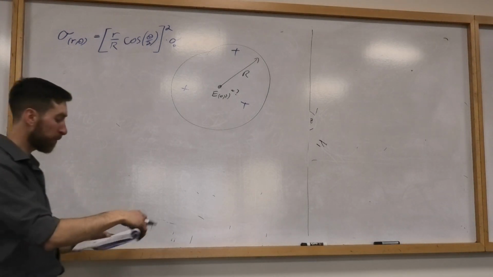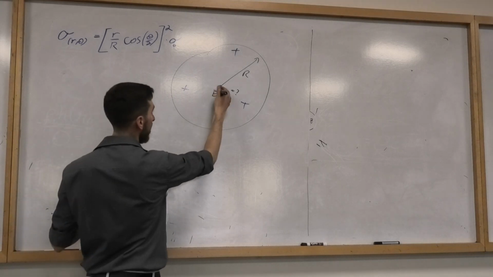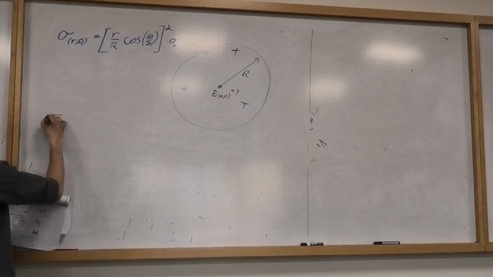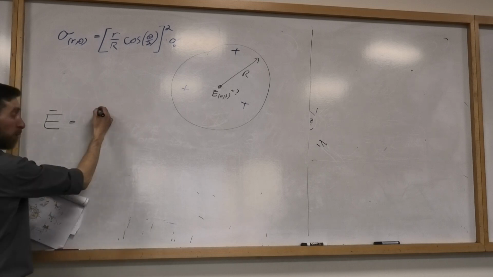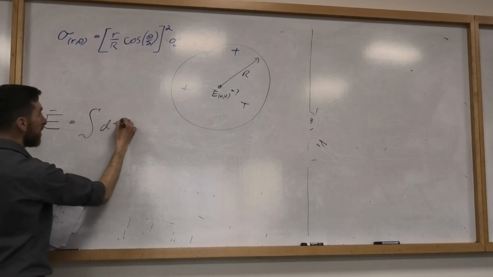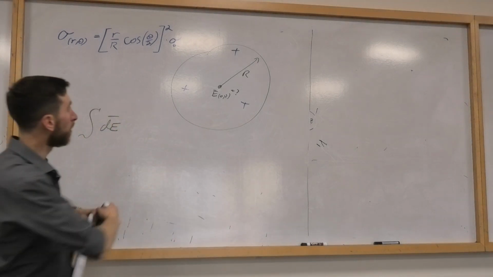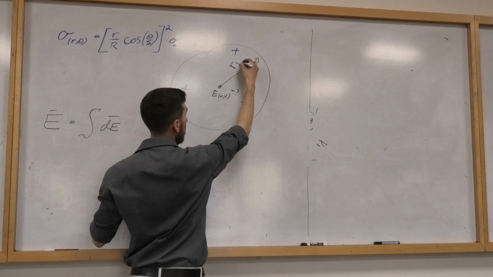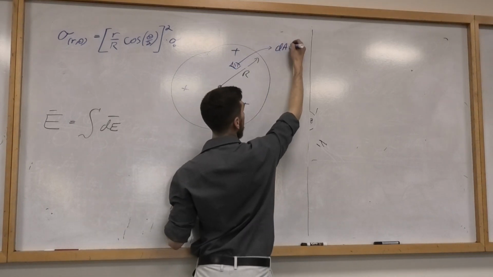So what we need to do right now is to understand what the electric field is here. We know that the electric field is equal to the sum of its parts, right? So I know that I can divide this disk into small contributions. What is this contribution, dA, equal to?